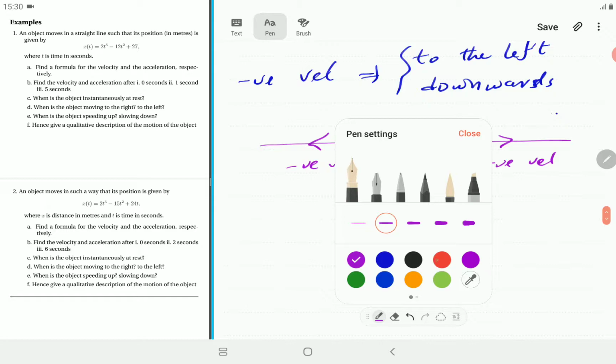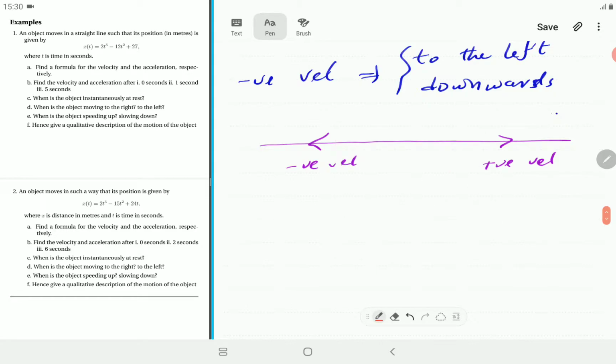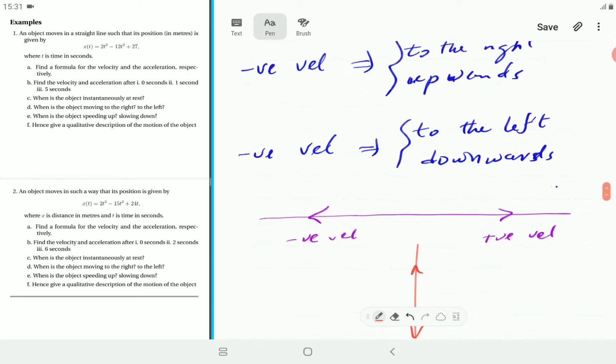But if we choose the orientation of the straight line to be vertical, then this is positive movement and this is negative movement, meaning this is a positive velocity upwards, and this is negative velocity downwards.